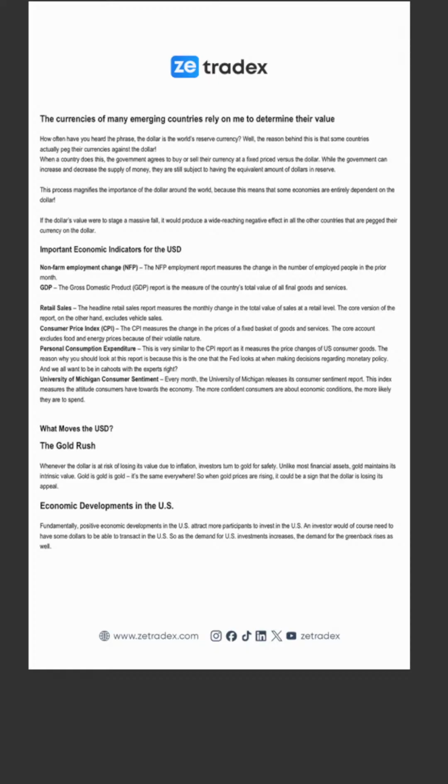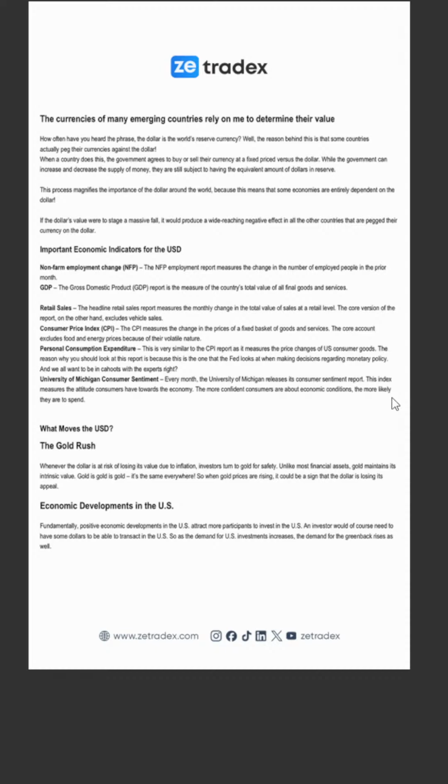This process magnifies the importance of the dollar around the world because some economies are entirely dependent on it. So if the dollar's value were to stage a massive fall, it would produce a wide-reaching negative effect in all the other countries that peg their currency to the dollar.